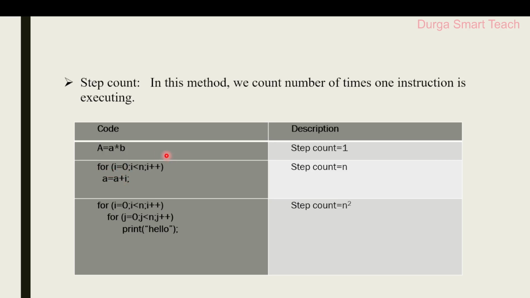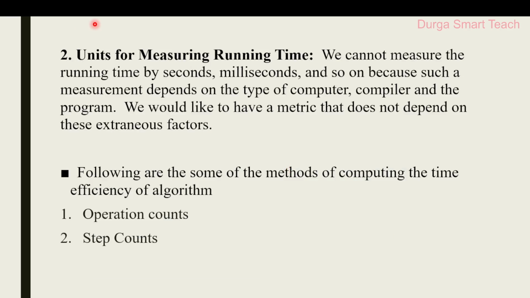Here it will execute n number of times, so that's why the step count is n. Like that, here it will take n square. It will execute n square times, so that's why the step count is n square. So for measuring units of running time, we have to count the operation count and step count.